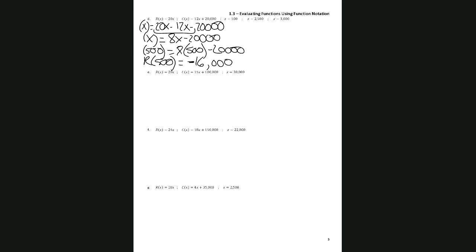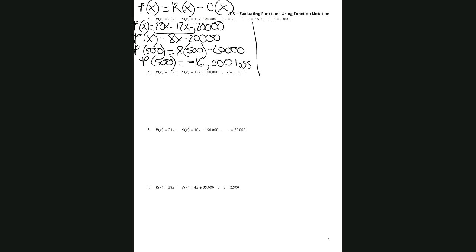That's not revenue. That should have been profit. P for profit. And so profit, let's remember, is the revenue minus the cost. Whenever your profit is negative, that means that we have a loss of $16,000.